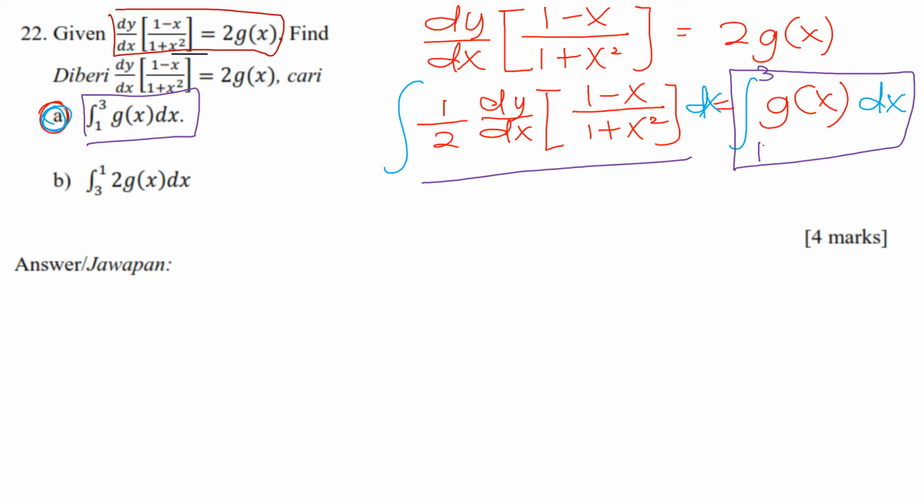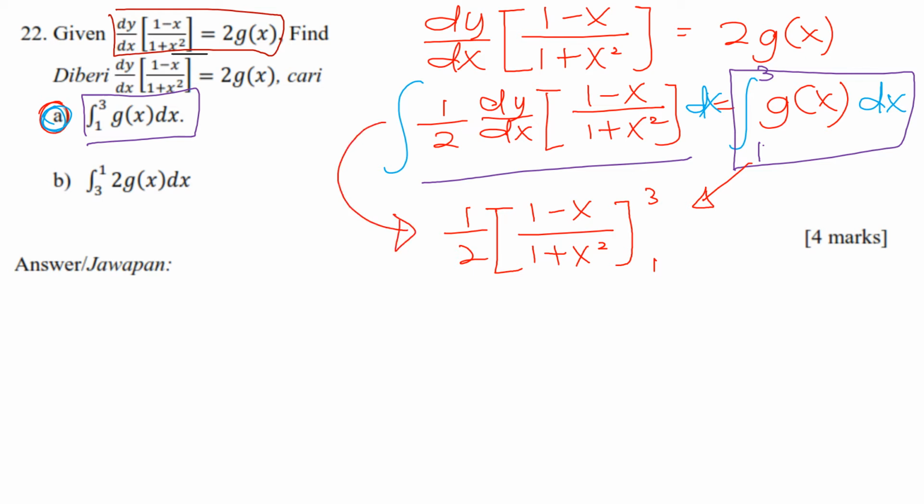When you integrate this whole function, you will get, in red color, 1 over 2 in the square bracket, 1 minus x over 1 plus x squared. And because the limit is 1, 3, this is equal to this. Meaning that when you integrate this whole thing, you will get this. How do you understand this one?